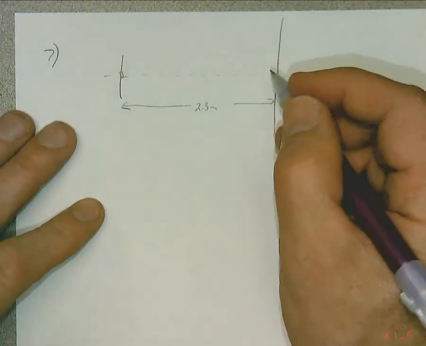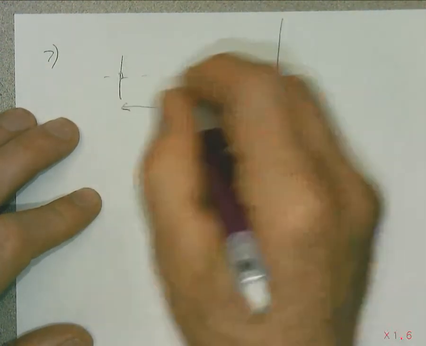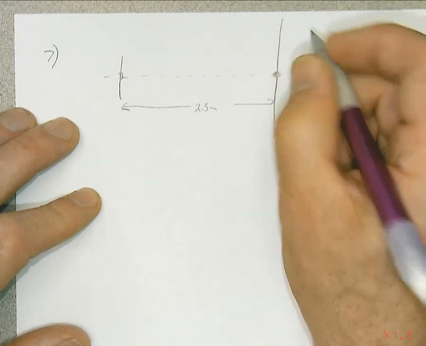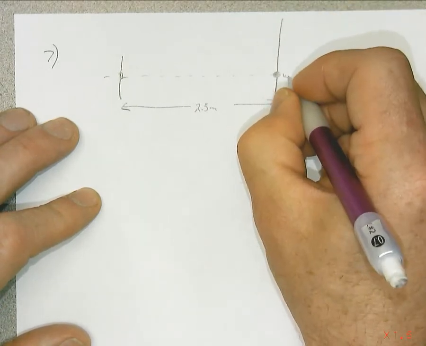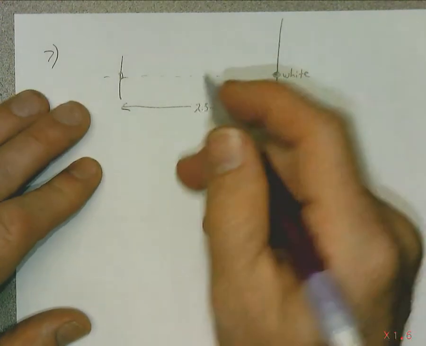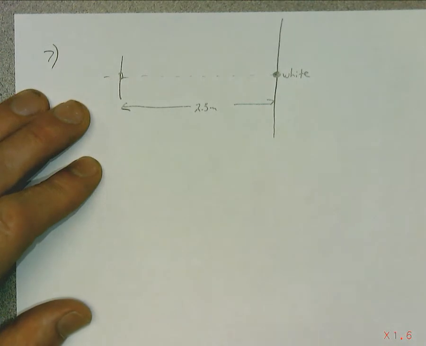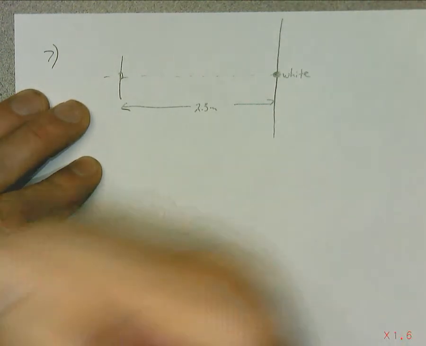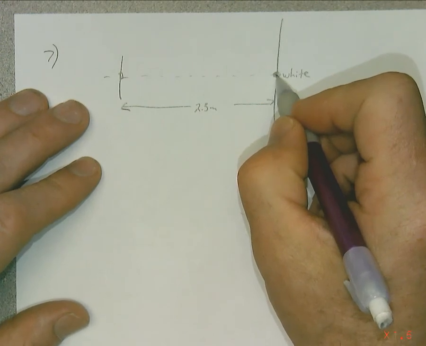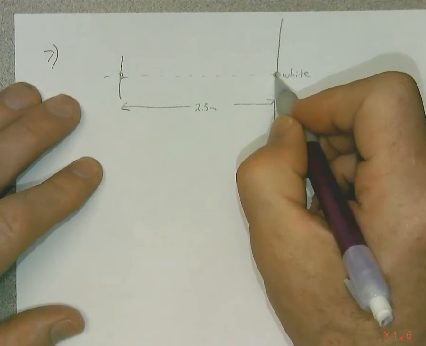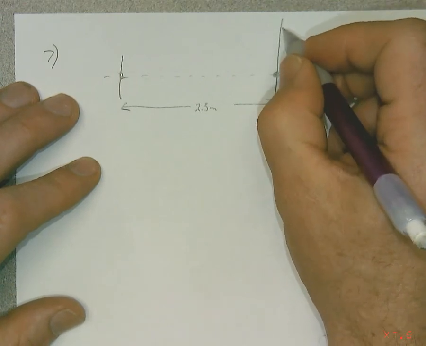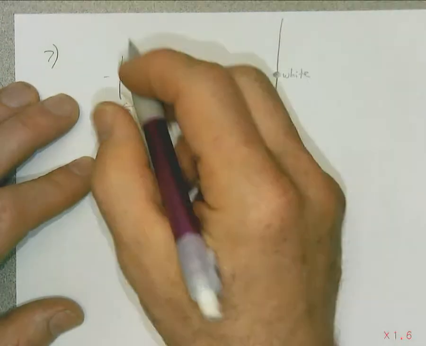The white light comes into this diffraction grating, so there'll be a bright spot of white light right here, and then we have the spread of the light. All the wavelengths have constructive interference right at the center of the screen. Then the different wavelengths get spread out because there's constructive interference at different places.